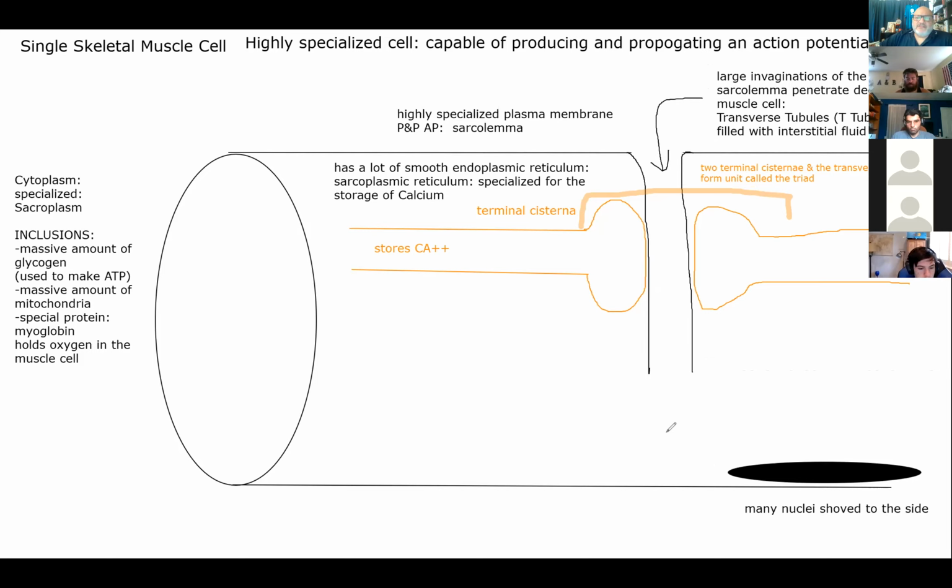Notice none of these have a tremendous amount of proteins, and none of these would necessarily be responsible for the stripes we see in our muscle cell. But that's because we haven't talked about that yet. There is one more very important organelle that is found within our skeletal muscle cell.